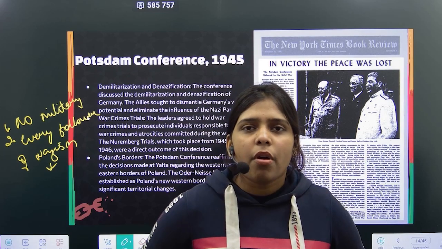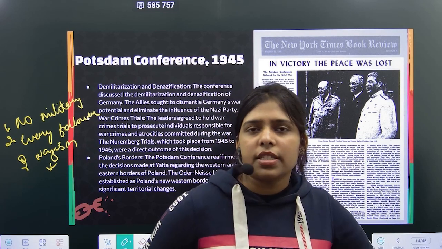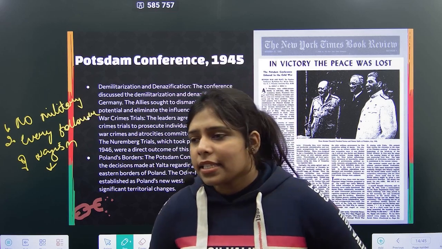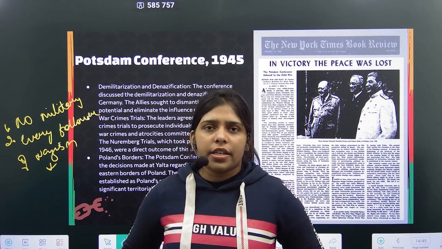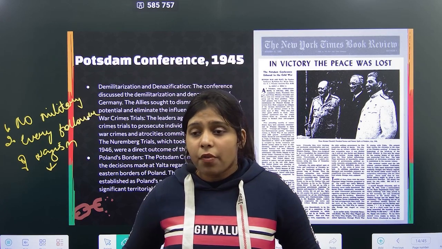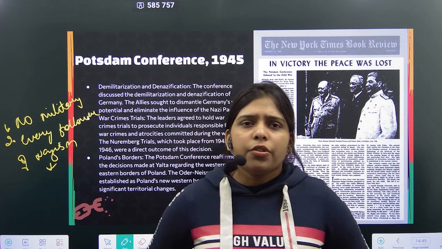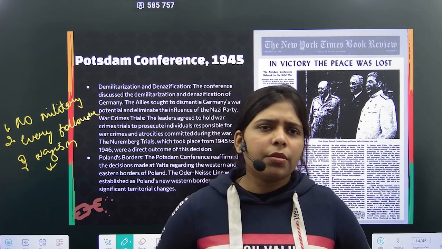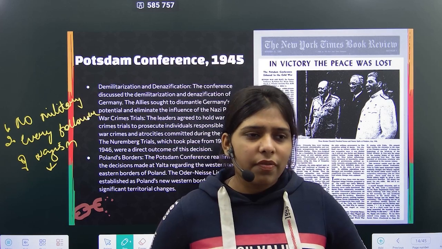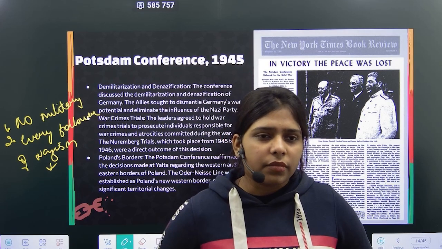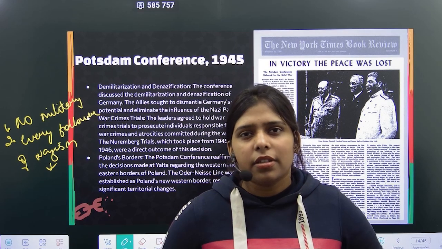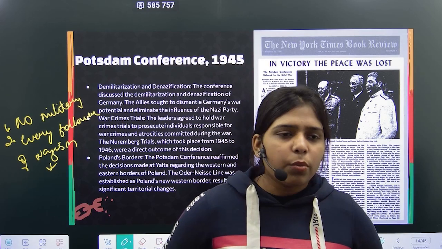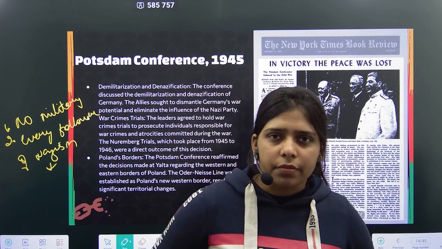So it was very important to totally remove this ideology. And as it is, the world was facing so many other ideologies, socialism, communism, capitalism, various forms of socialism. So it wasn't practical for the leaders to let Nazism flourish, even when the leader who spread it was no more.